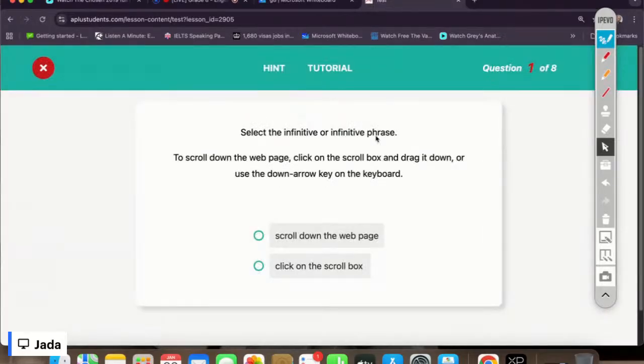All right. So select the infinitive or infinitive phrase. To scroll down the web page, click on the scroll box and drag it down, or use the down arrow key on the keyboard. First or second.